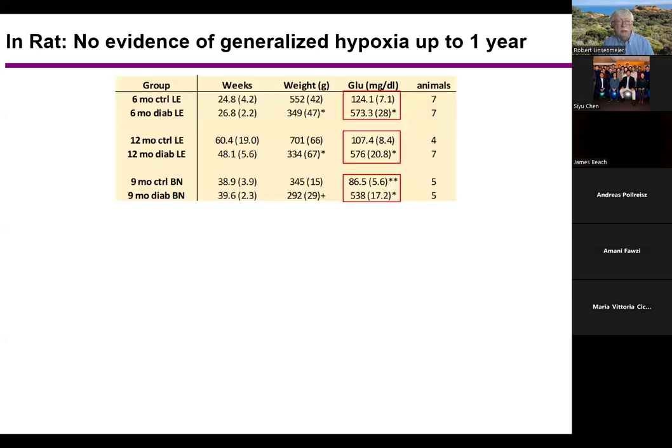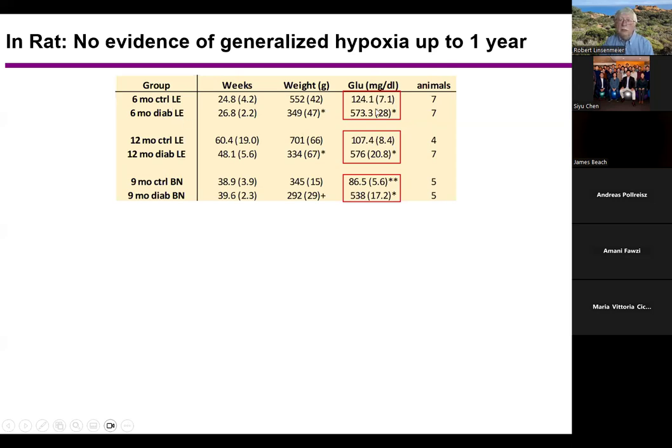So these are severely hyperglycemic animals. We had a group of 6-month diabetic Long Evans rats, a group of 12-month diabetic Long Evans rats, and a group of Brown Norway rats, which we did just to make sure that Long Evans rats weren't special.